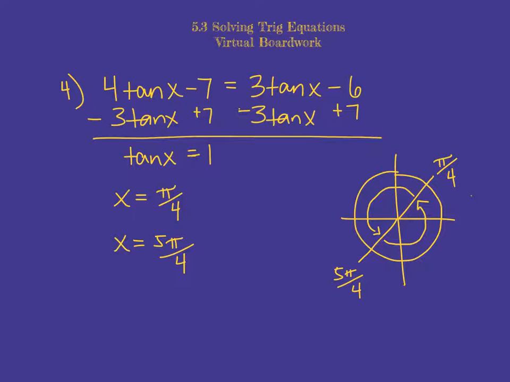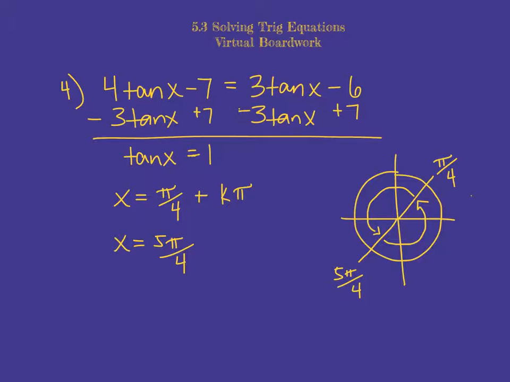The cycle will continue. So because the period of tangent is pi, when we add k pi instead of 2k pi, then we actually include this answer up here if k was 1. Pi over 4 plus 1 pi gets us to 5 pi over 4.